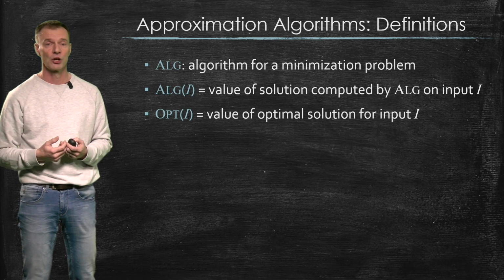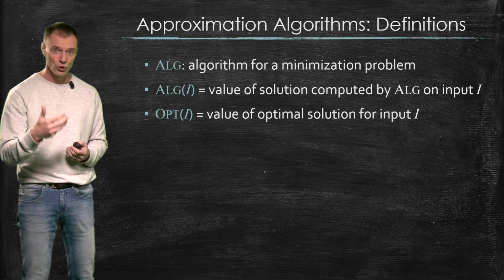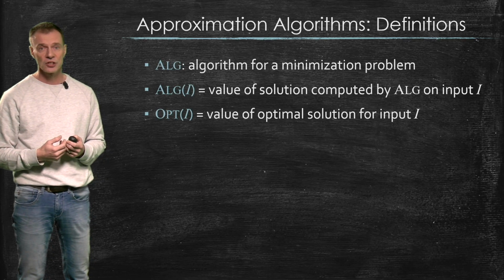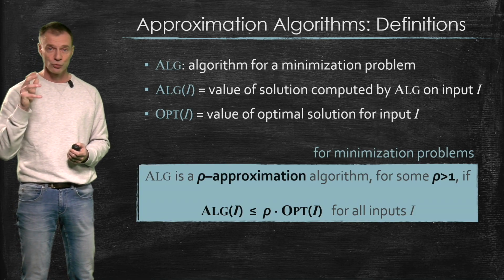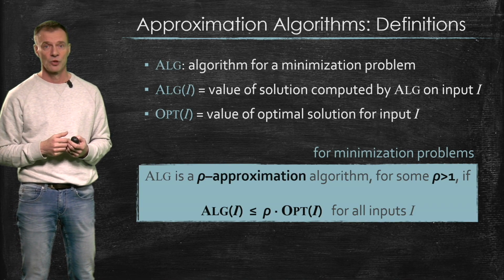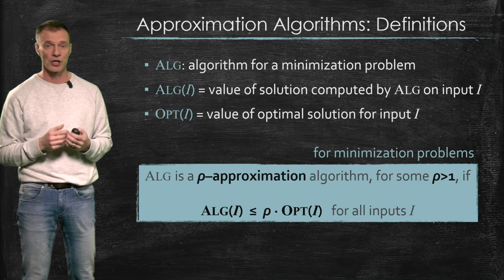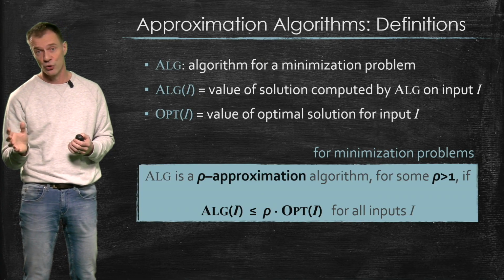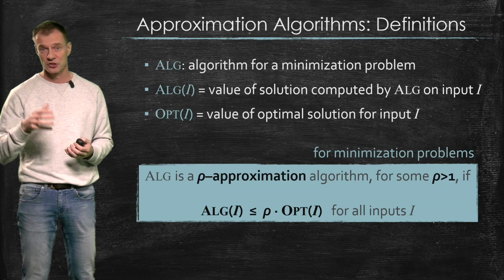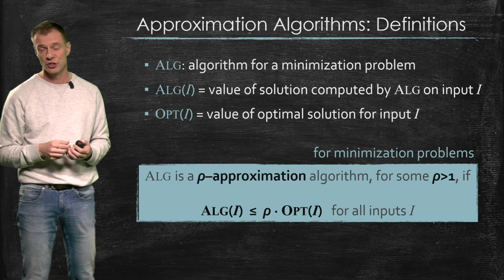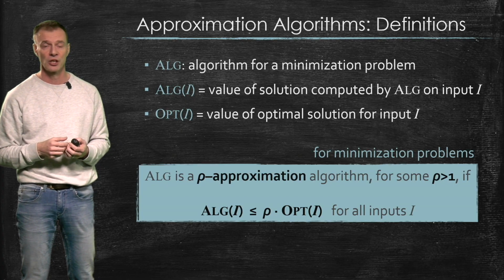So how can we quantify how good it is? Well, that's using the notion of rho-approximation. So ALG is a rho-approximation algorithm, and here rho is just a number, let's say a 2-approximation, for instance, or a 1.5-approximation, if the following holds.